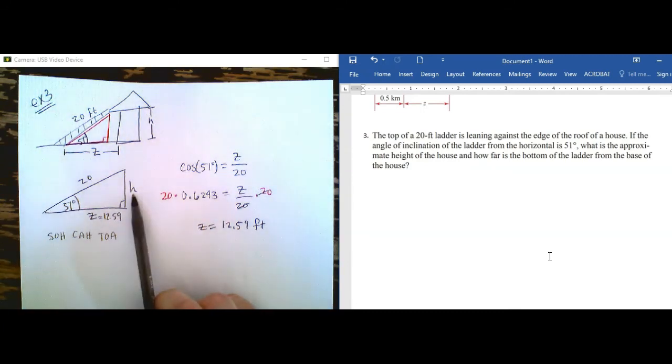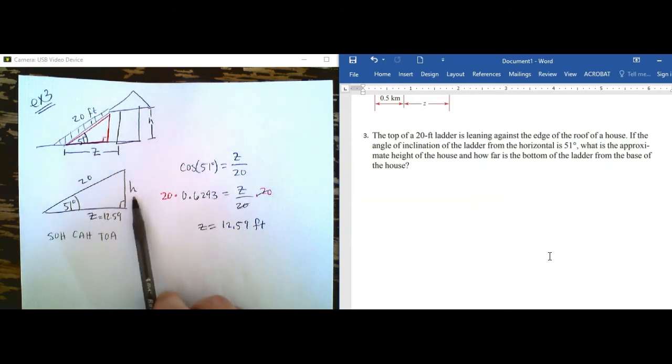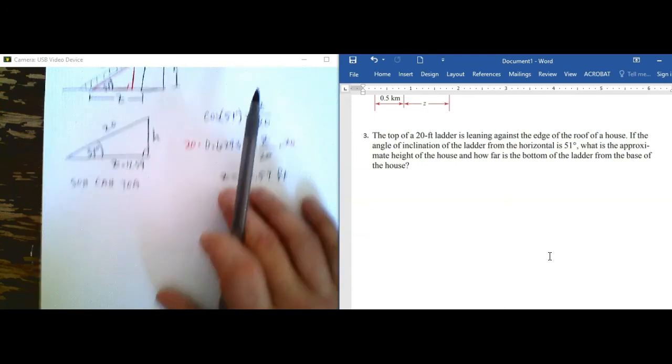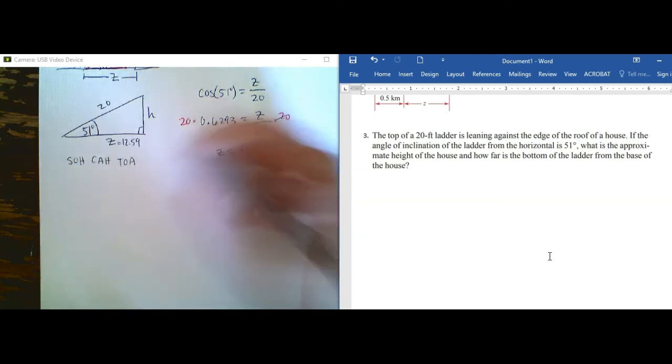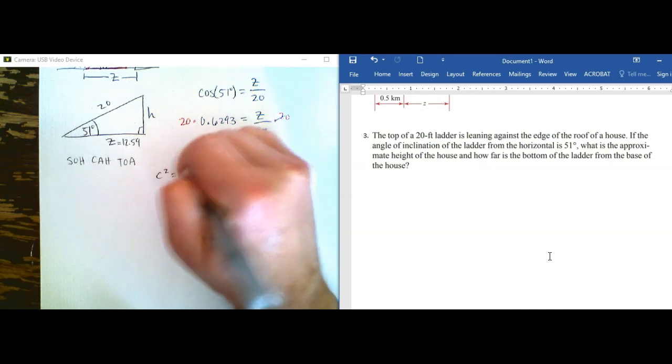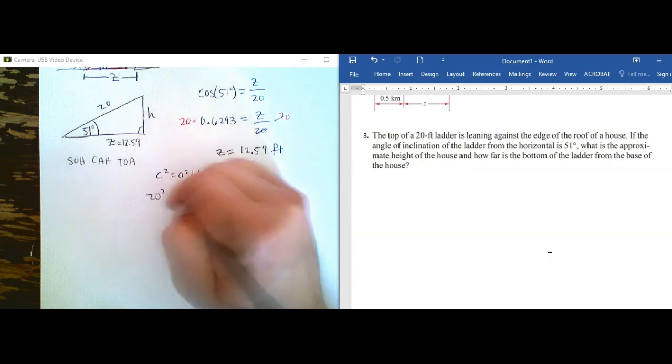All right, now we have to find h. Now that we know these two sides, we can simply use the Pythagorean Theorem to find h. We know that c squared equals a squared plus b squared. C is the length of the hypotenuse, so that's 20.